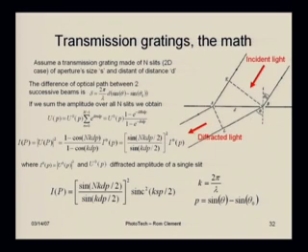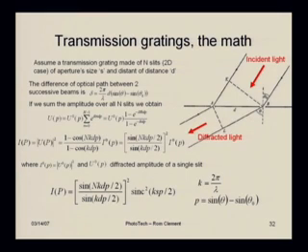So let's do the math for transmission gratings. If we assume a transmission grating made of N slits or N slots, each slot has an aperture S, and the distance between the slots is d.